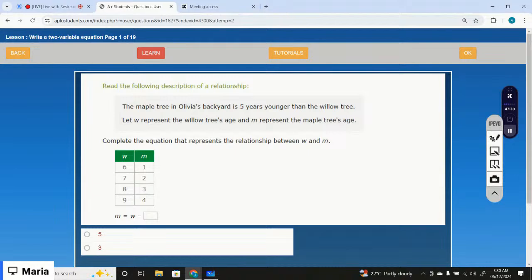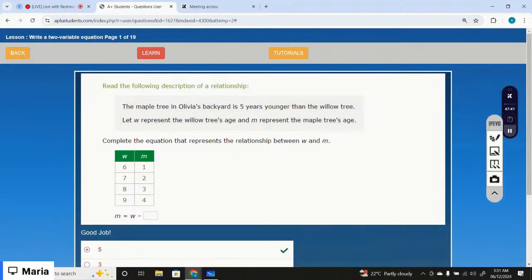So the correct option is option number 2, that is M equals W minus 5. The correct option is W equals M minus 5. Option number 1 is the correct option.